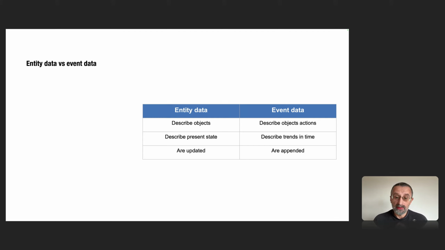Entity data describe the present state, event data describe trends in time. And very important for you as the data engineer, machine learning engineer, entity data are updated and event data are appended to the file. So that was the first distinction.